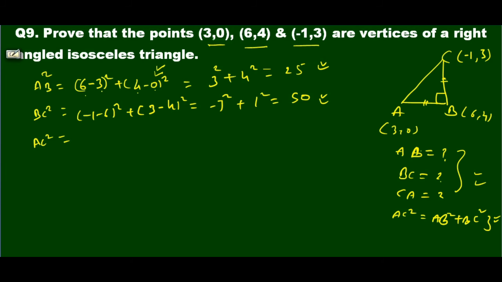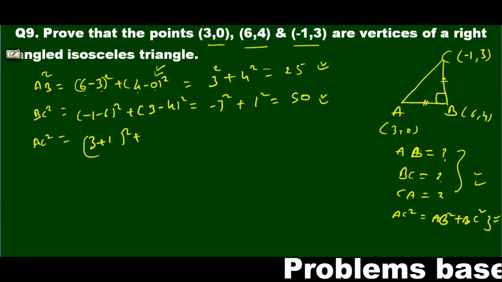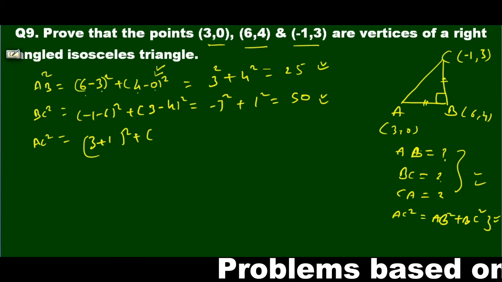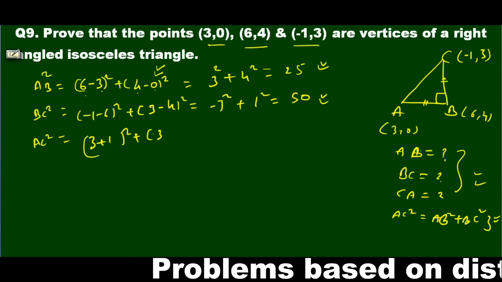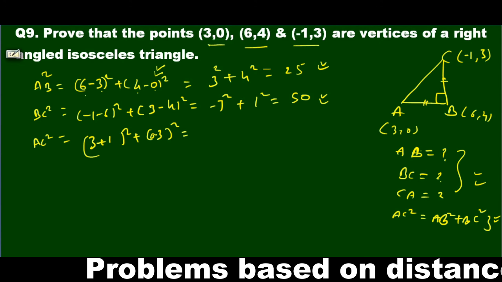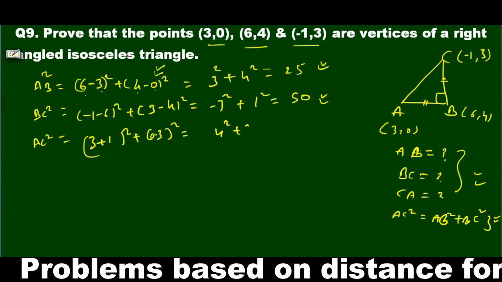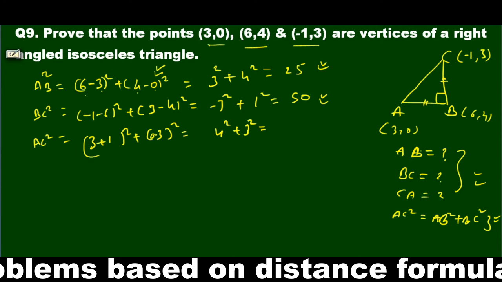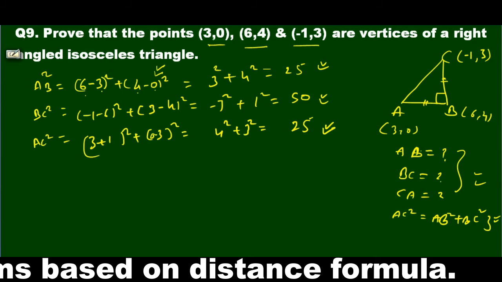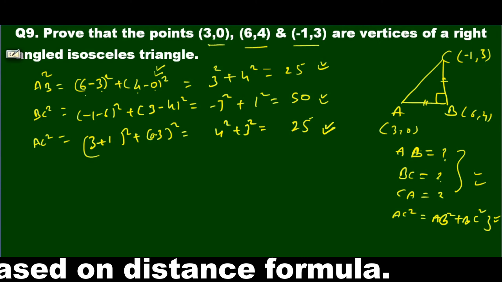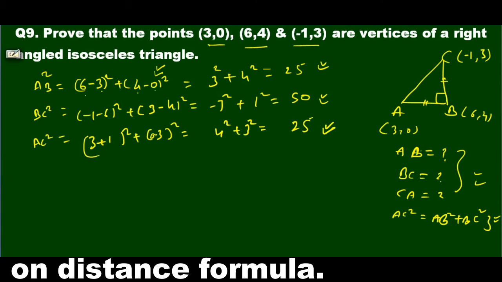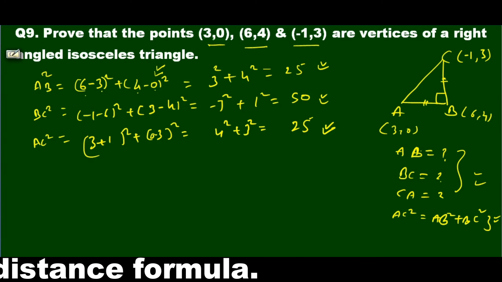AC square will be (3 plus 1) square and (0 minus 3) square. So this will become 4 square plus 3 square. So this will become 25. Clear? So here two sides are equal, means AB and AC are equal.